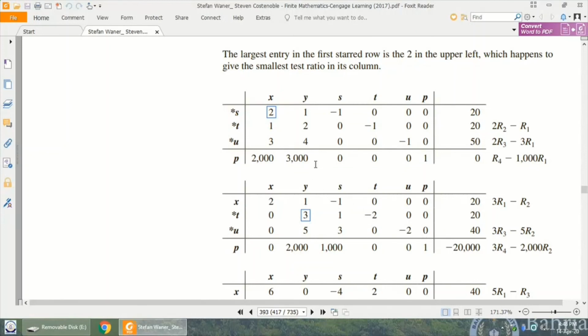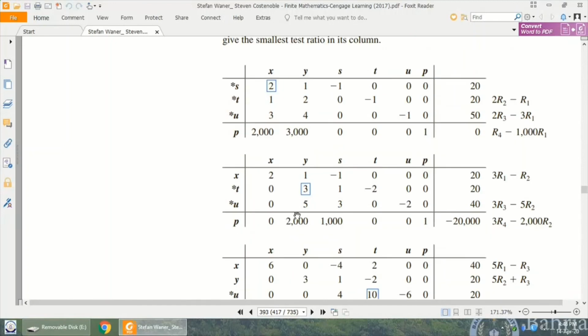Again, we have to come to the next lowest test ratio by dividing all the numbers. We have to ignore basically the negative values here. We can't have those as our ratio. But now, since the first column has already been reduced to 0, we see what is the value which is next.